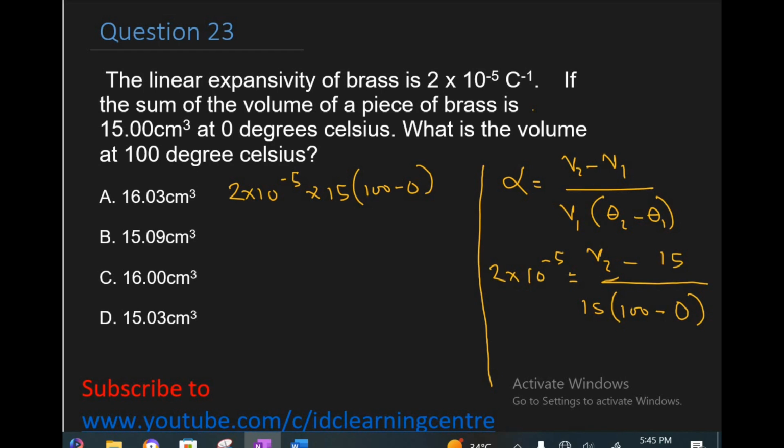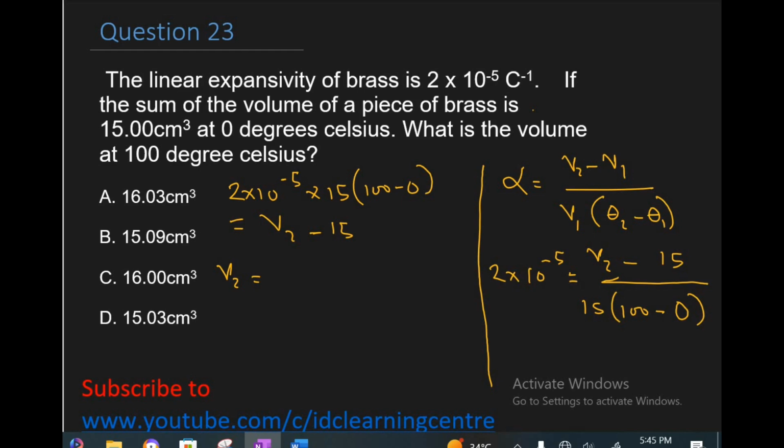Then this is going to be equal to V2 minus 15. So the coefficient of V2 now is minus 15. If you want to make V2 the subject of the formula, the minus 15 is going to cross the equal sign and turn into positive.